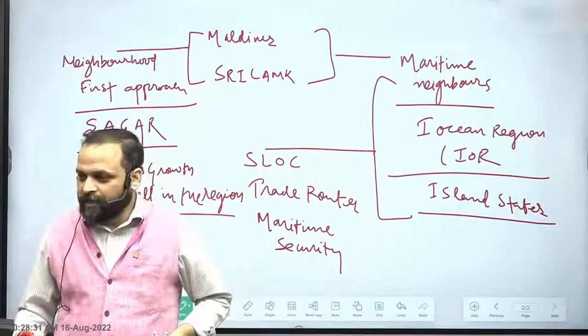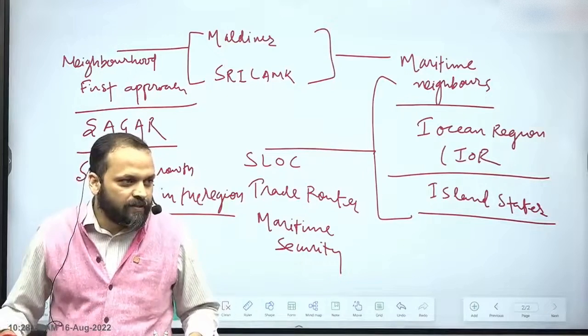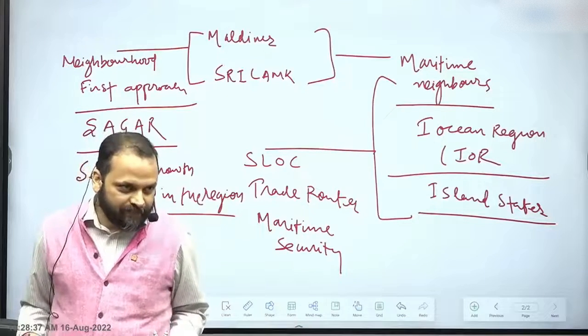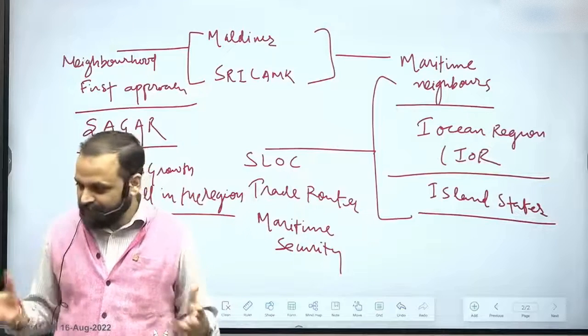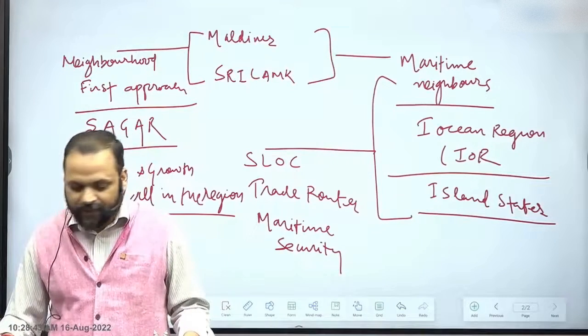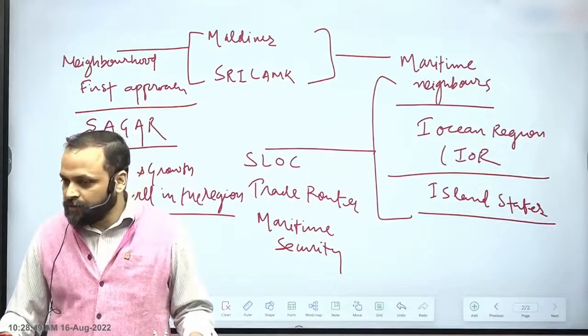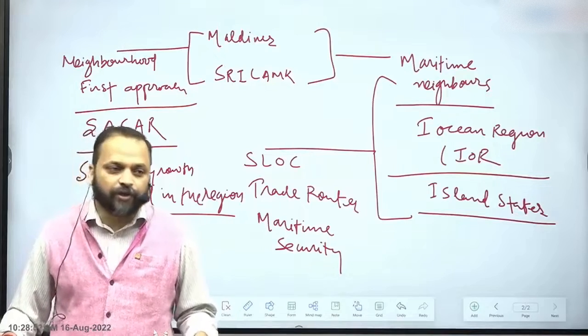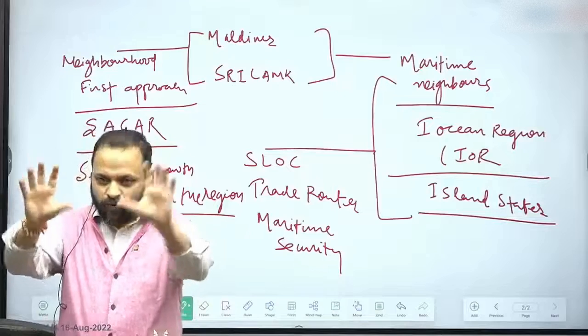So Mackinder and Mahan, have you heard of these two names? Mackinder and Mahan? No? A lot of people keep talking about these terms these days. So Mackinder talks about the heartland theory, meaning those who control Eurasia would be the global power.